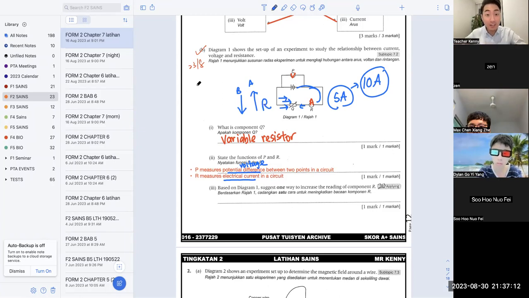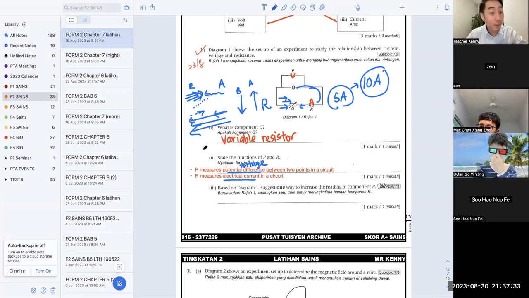If I push harder, imagine you want to run here and I'm pushing harder. Can you run very fast? You cannot. You will slow down because I push you so hard. So what I need to do is give way. I don't push you so hard. Then only then you can flow faster. Understand?